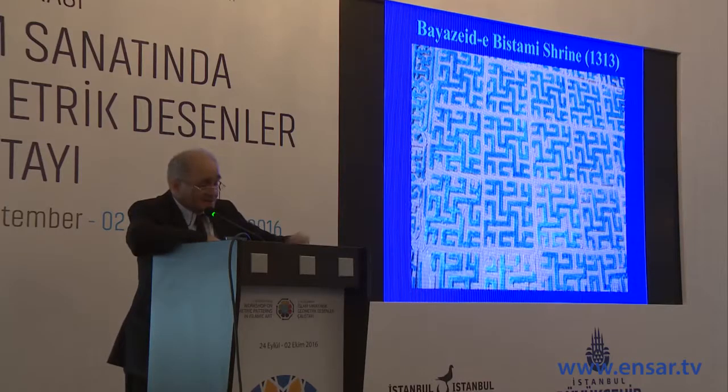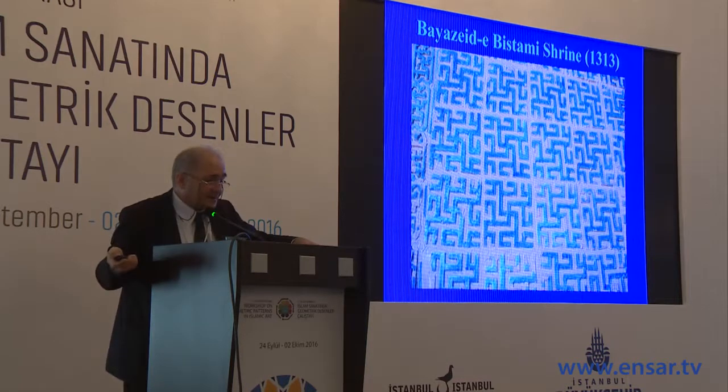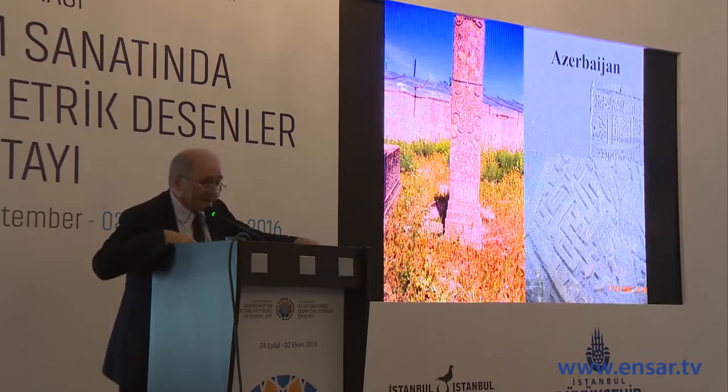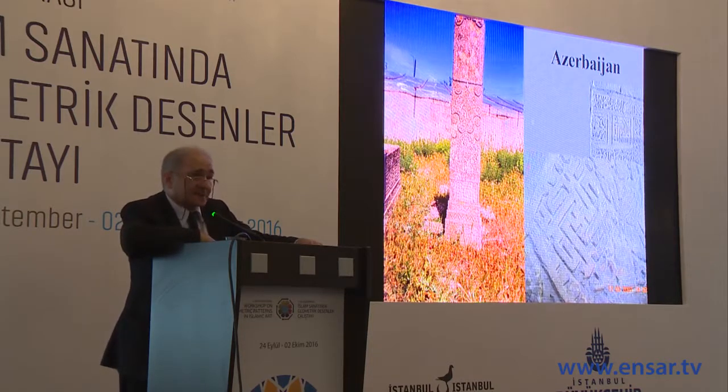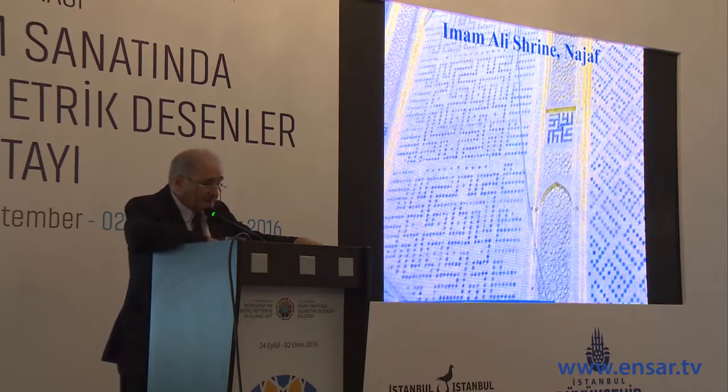C4 symmetrical Ali pattern on Bayezid Islamic shrine looks more plain and pleasant also. Carving stone of Ali pattern with swastika is very commonly used in Azerbaijan too. In addition, we can see different examples of C4 Ali patterns on the other wall of Imam Ali Shrine, Najaf.